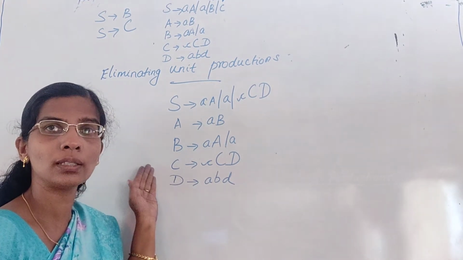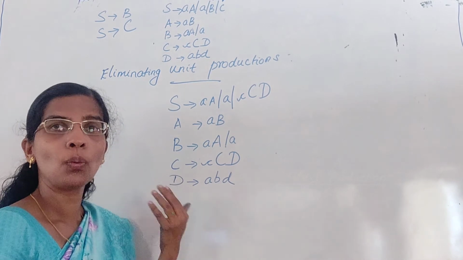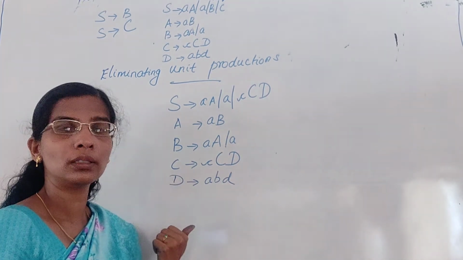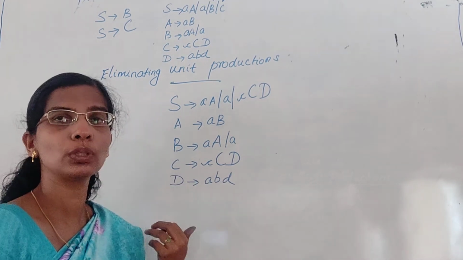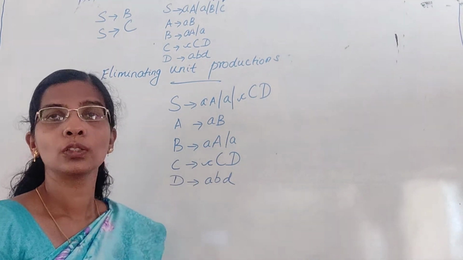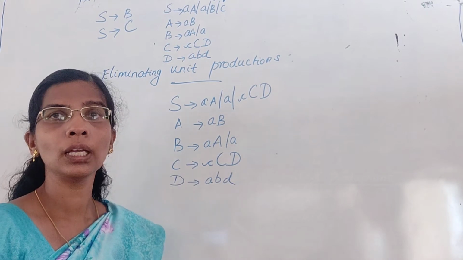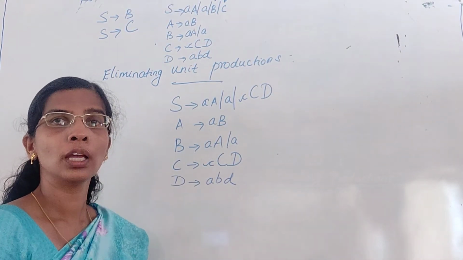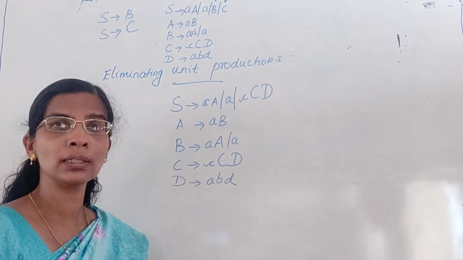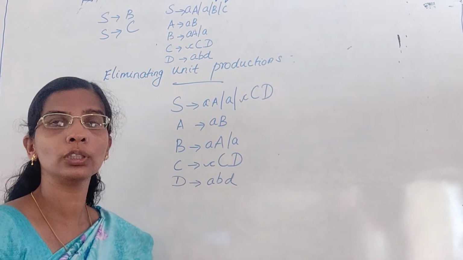So with this answer, you should move to the next step. What is the next step? Eliminating useless symbols and productions. So in simplification of CFG, if your grammar has epsilon productions and unit productions, you have to eliminate those first, and at last only you have to simplify it.